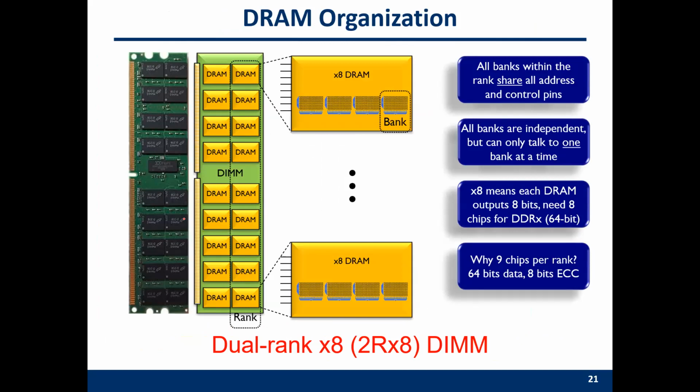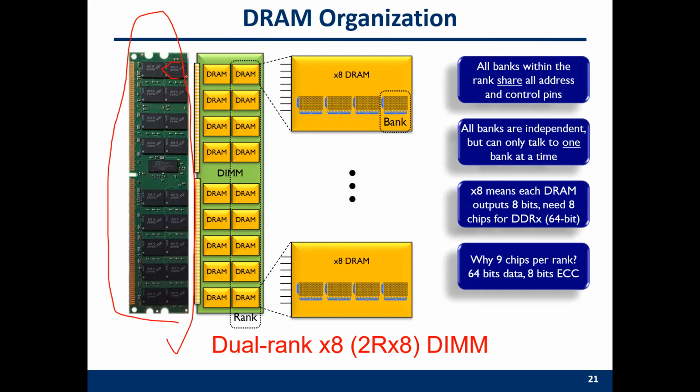So this is the organization of your DRAM. This is not a chip, but the so-called DIMM, D-I-M-M. I cannot remember the full name, but this is a DRAM module. On one DIMM, you have a lot of chips.